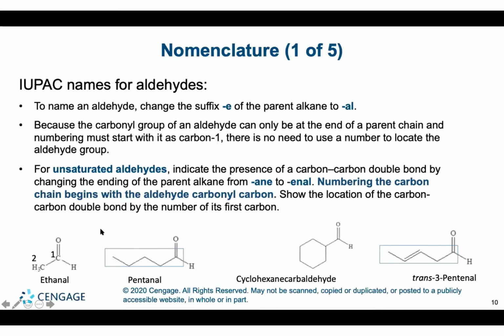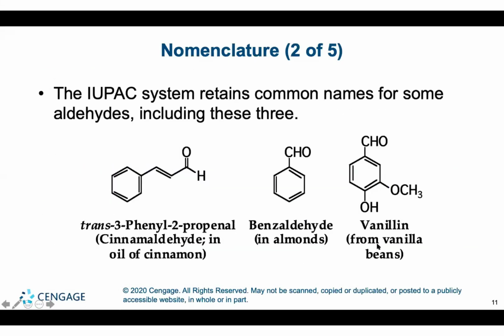So again, if we want to name it, we start from the CHO. Because it's the benzaldehyde and it's the priority, we should name it based on the benzaldehyde. We start from the right side. Why? Because we reach the branch sooner. It's going to be 1, 2, 3, and 4.